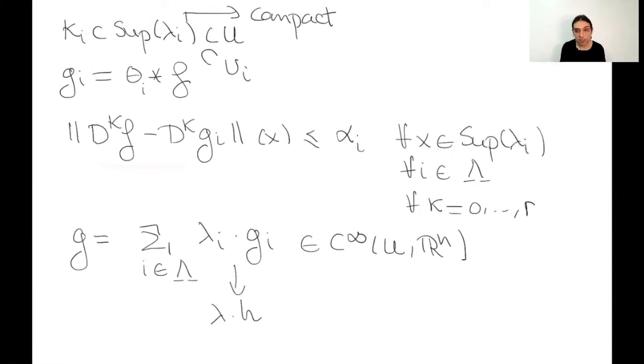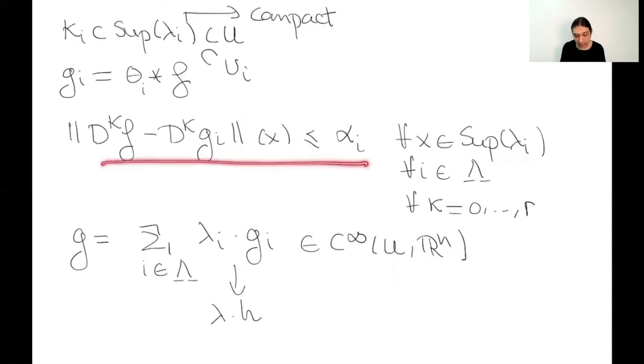We can do it for the same price because we can do it for every compact subset. And what we have is that this difference has norm less or equal than alpha_j in the support of lambda_j, right? Our point x is in K_i and also in the support of lambda_j.